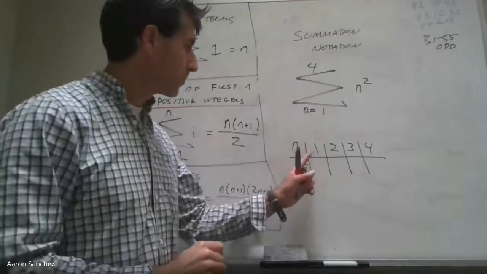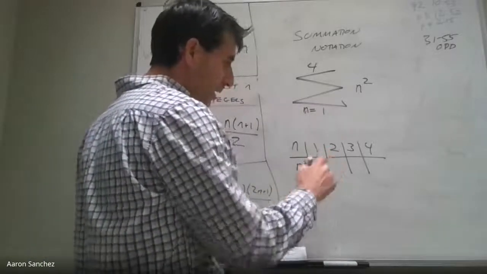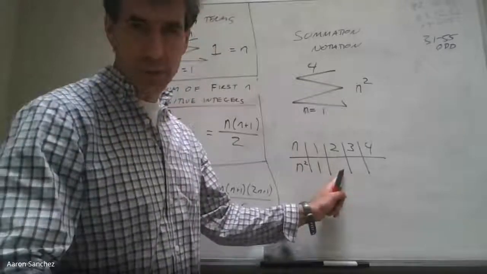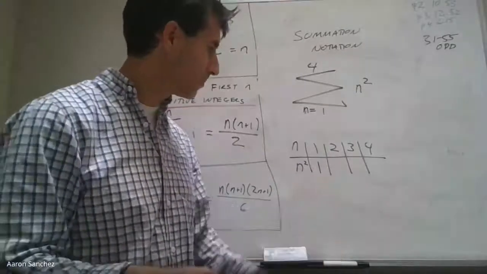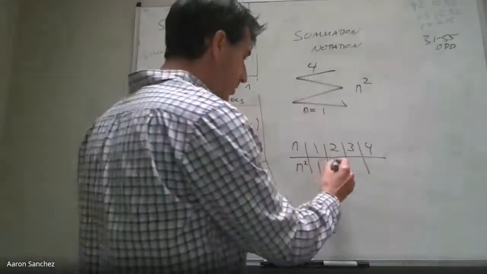What's my first term? It's n squared. So I square my n, I got 1. What's my second term going to be, Ethan? 4. 2 squared is 4.